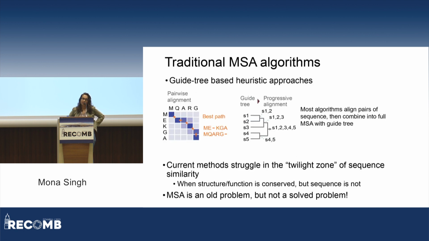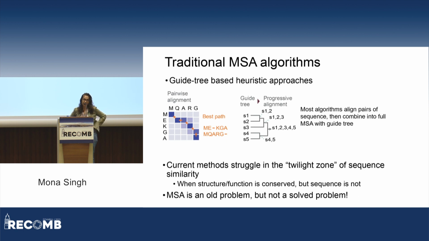Traditionally, algorithms for computing multiple sequence alignments have worked as follows. Of course, we know that you can use dynamic programming to optimally find the best scoring multiple sequence alignment in the regime that I just set out. But in practice, when you have multiple sequences, people tend to use guide tree-based heuristic approaches, where you build pairwise alignments and solve those optimally.